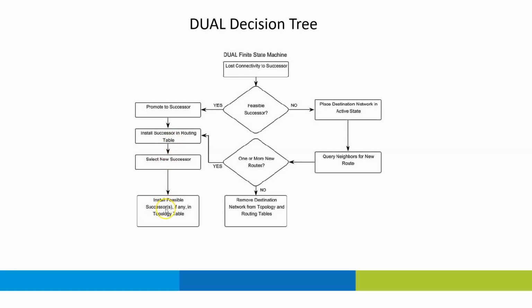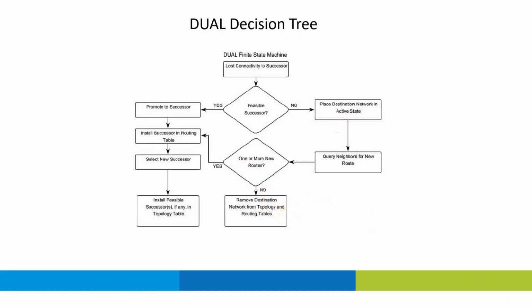They select a new successor and install the feasible successor, if any, in the topology table. If we don't have a feasible successor, place the destination network into active state. Query the neighbor for a new route. Do we have one? If it's yes, then we're going to install it. Otherwise, we're going to remove it. We're going to drop it.